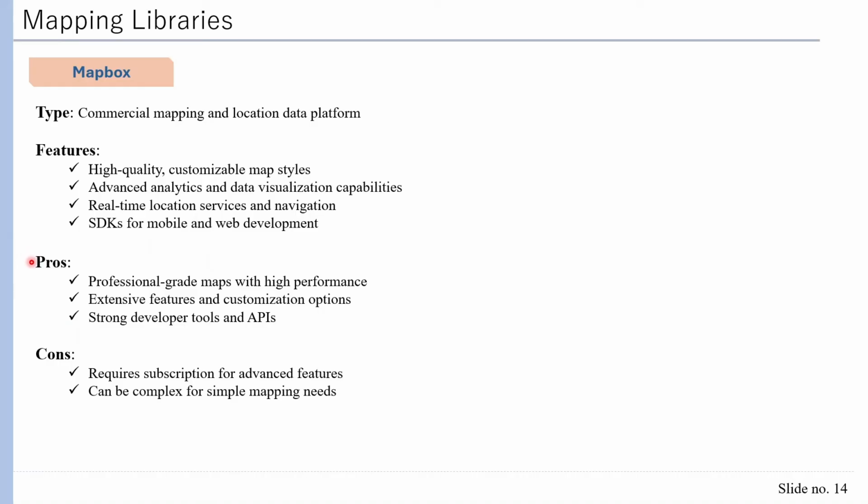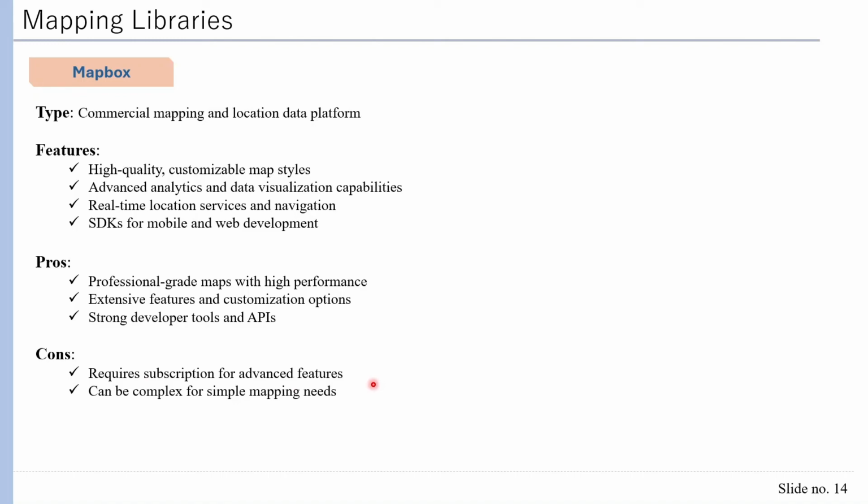The benefits of Mapbox are that it serves professional grade maps with high performance, and the API of Mapbox is well documented and also excellent. But the con is that it requires a subscription for advanced features.